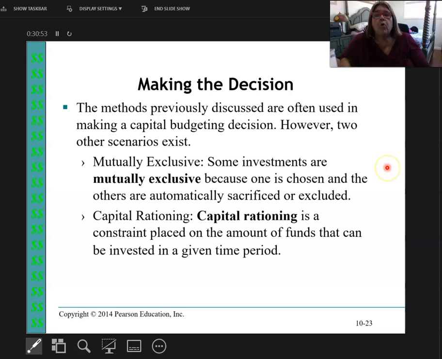So when I have more than one scenario or more than one proposal, there's two terms here, mutually exclusive. Mutually exclusive because one is chosen and the others are automatically excluded. Or capital rationing. It's where I only have a certain amount of funds that I can invest in a given time, so I choose which ones those are going to be.